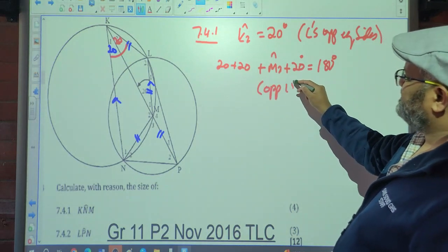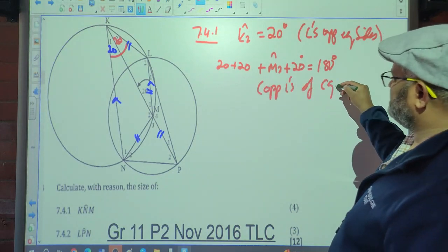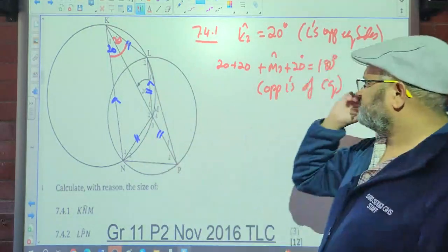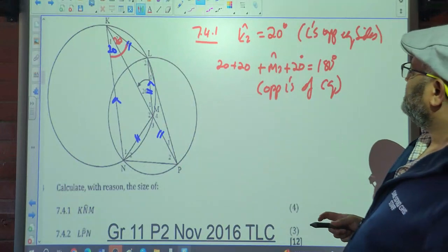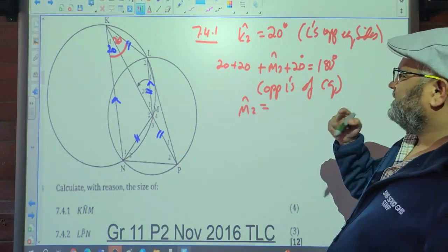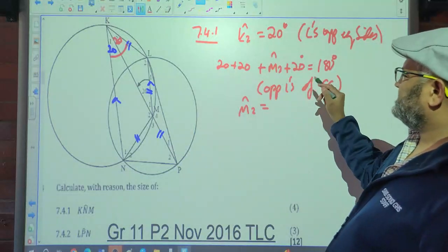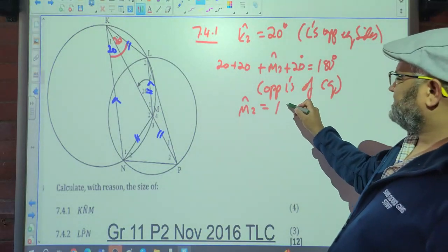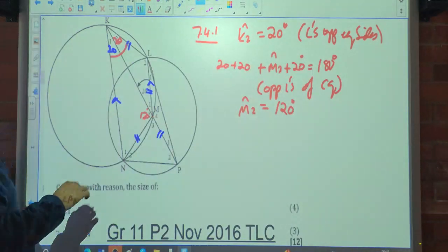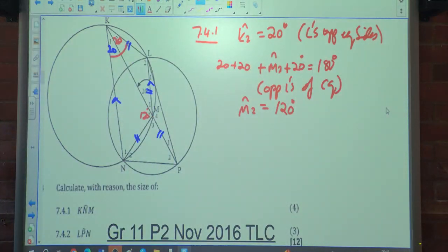Opposite angles of a cyclic quad. And of course M2 is equal to, that gives you an answer of 60 degrees. So 180 minus 60 is 120. So M2 is 120 degrees. Is that correct?